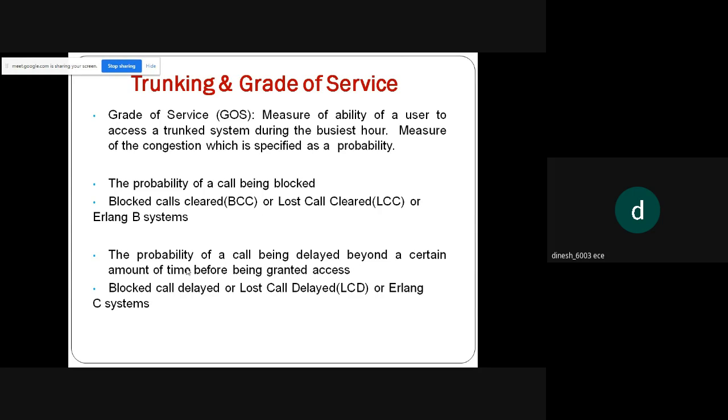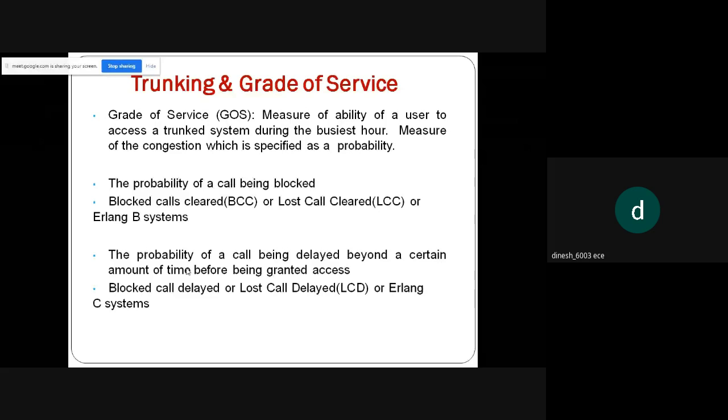Erlang B systems, which are meant for blocked calls or lost calls. Next is the Erlang C systems, where the probability of a call being delayed beyond a certain time limit.